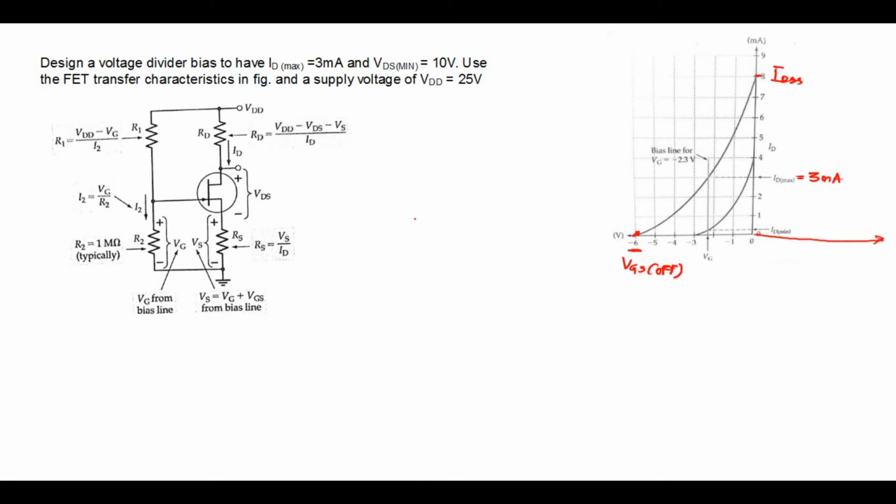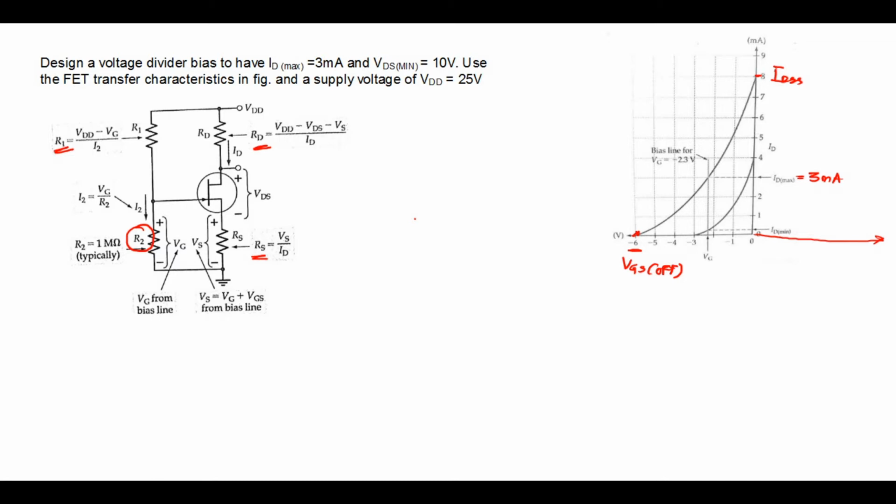Now we will go back to the circuit. In order to design the voltage divider bias, the things we need to find are R1, RD, RS and also R2. We have a few assumptions to take care of here.